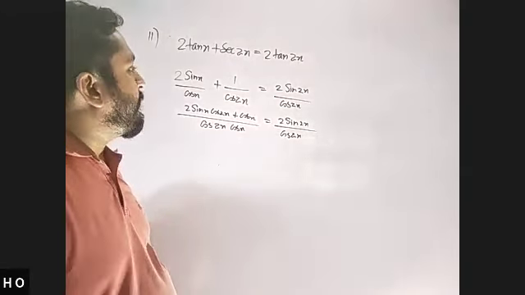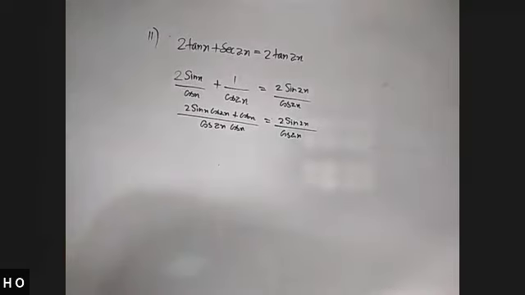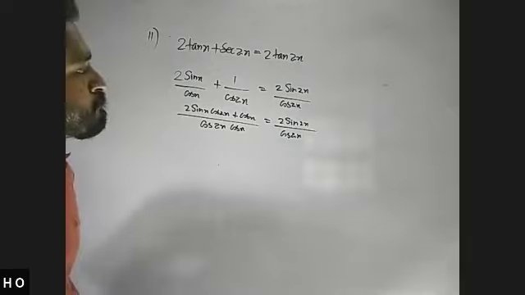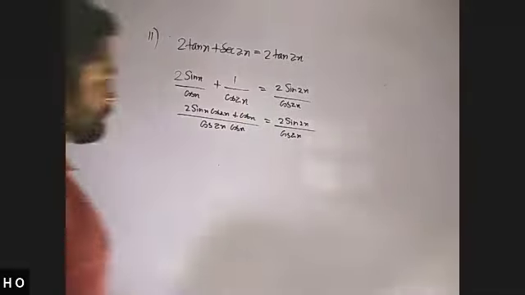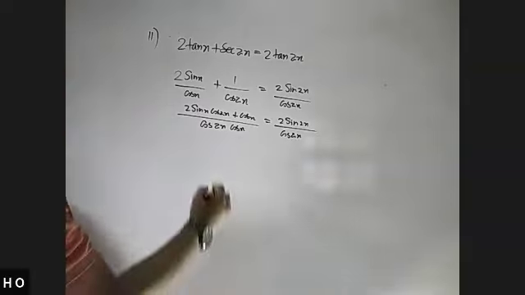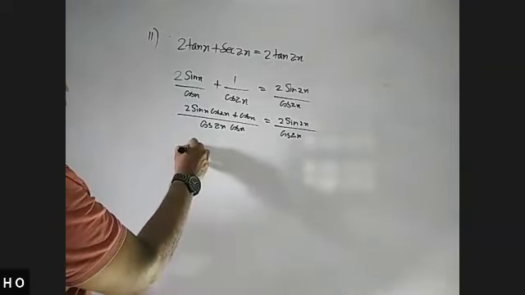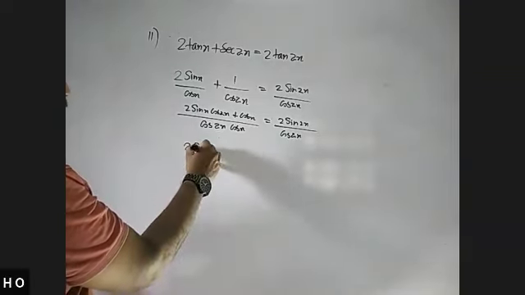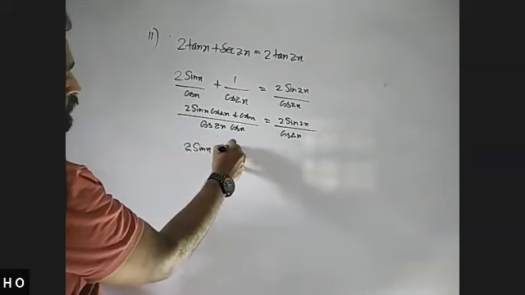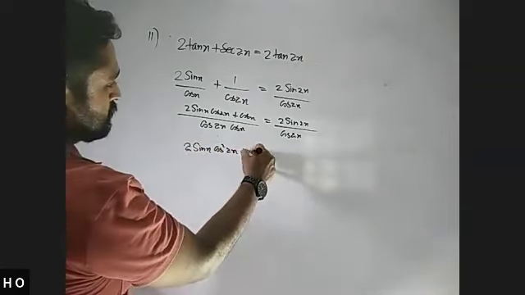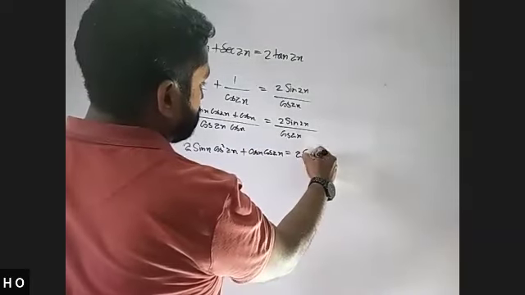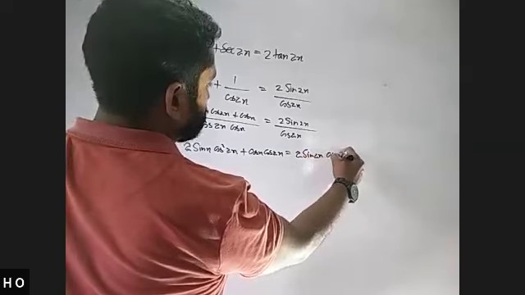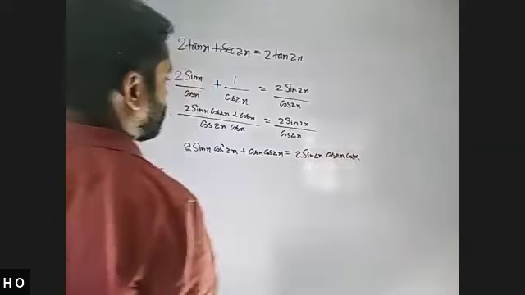By the way, without deciding any further things, let us cross multiply right away. So you have 2 sin x cos squared 2x plus cos x cos 2x equals 2 sin 2x cos 2x cos x.